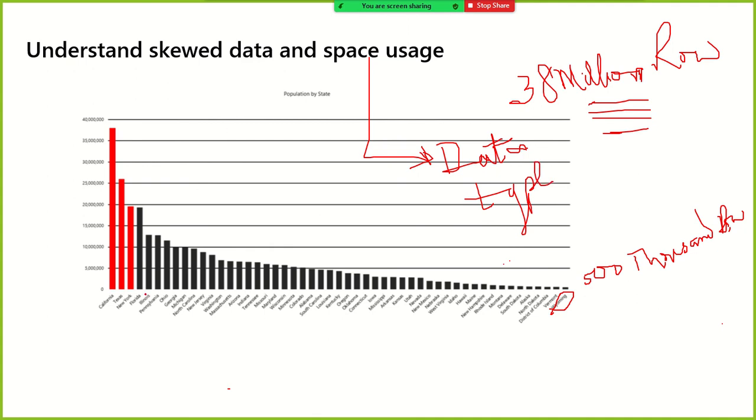Now, when you want to store a number, like a population number, you specify things like integer. That's one of the data types we have. We have ints, we have bits or bytes.